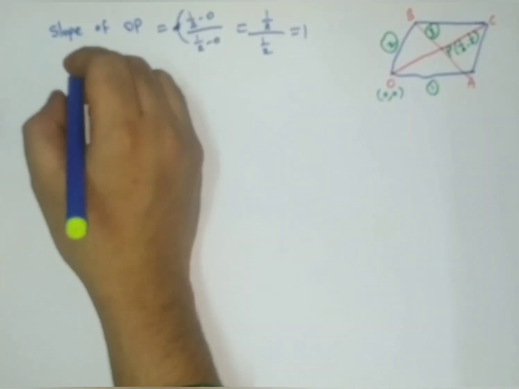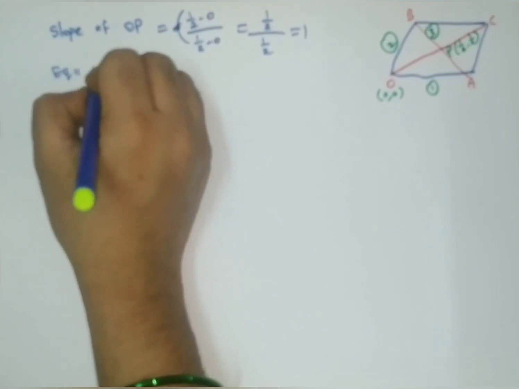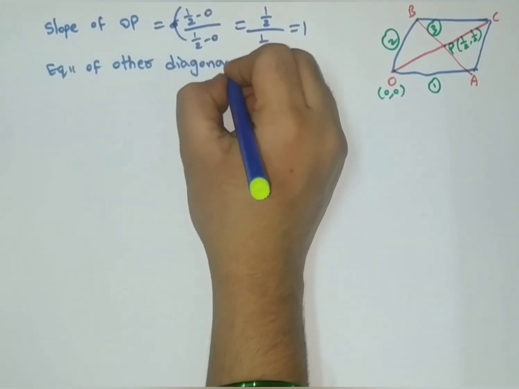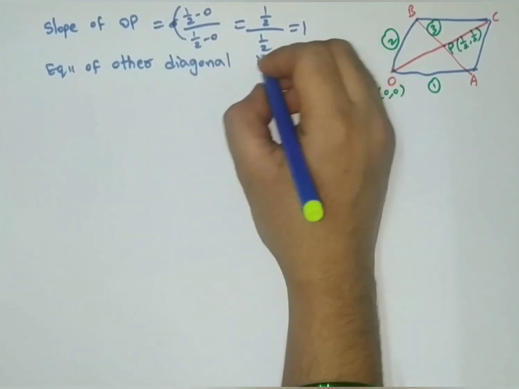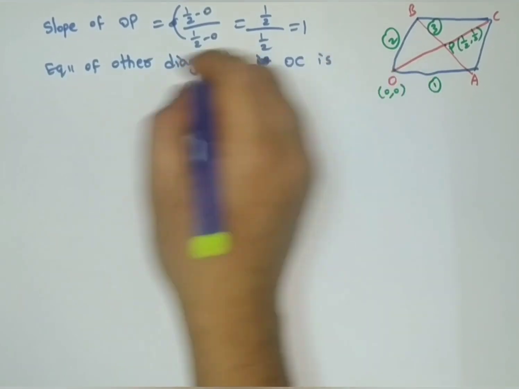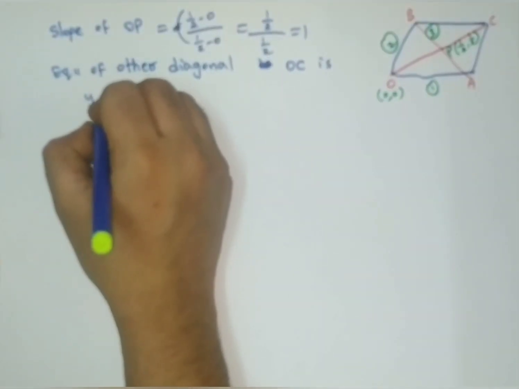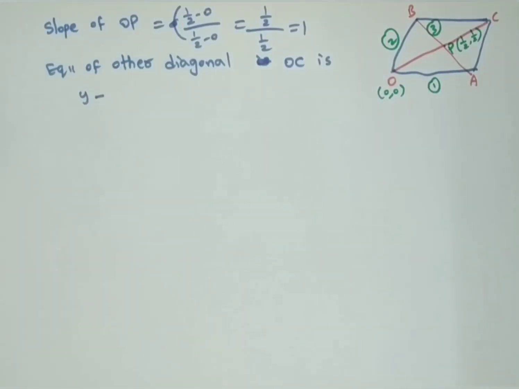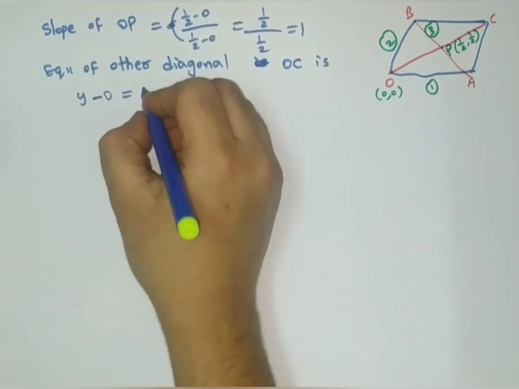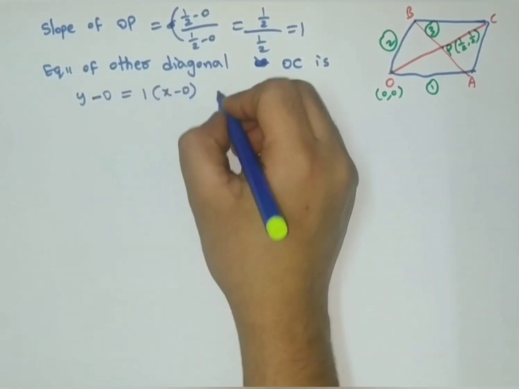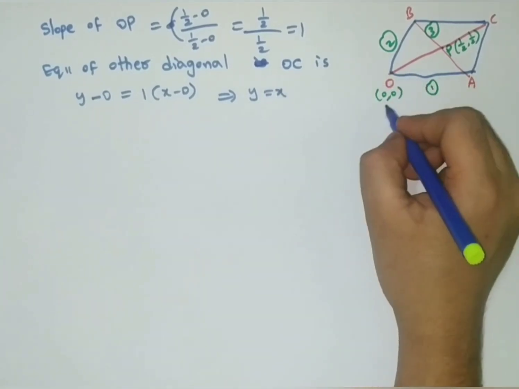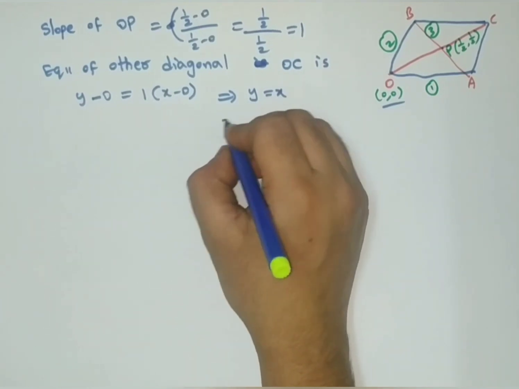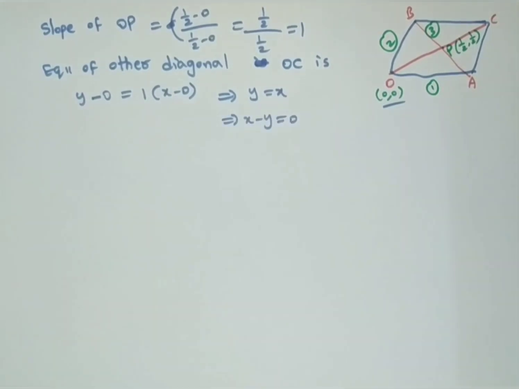The equation of the other diagonal OC is y minus y1 is equal to m into x minus x1, so y minus 0 is equal to 1 into x minus 0. That implies y is equal to x. Here we considered this point and the slope 1. So what we got as the equation is x minus y is equal to 0. We got one of the diagonals.